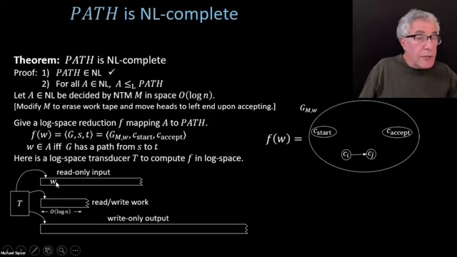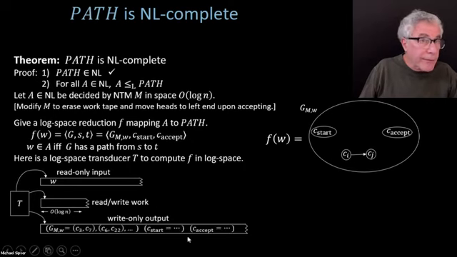Let's think about what it needs to do. It needs to take an input W and convert it to f of W: the configuration graph of M on W, with the start and accept configurations. That's going to look like this down here. That's what we want to eventually appear on the output tape.